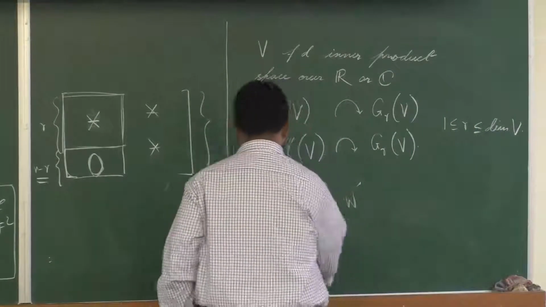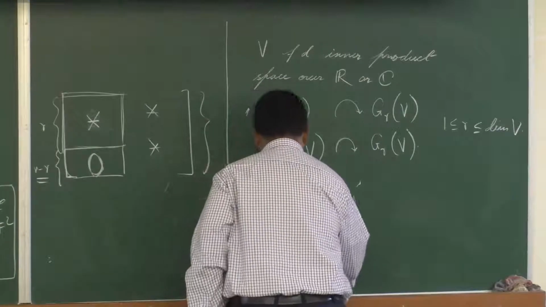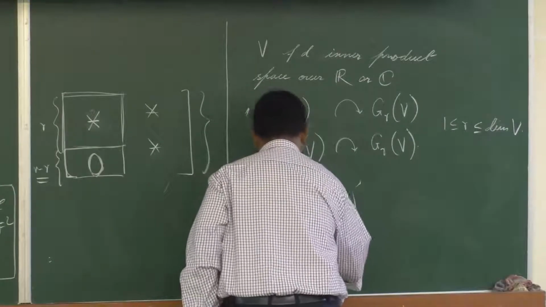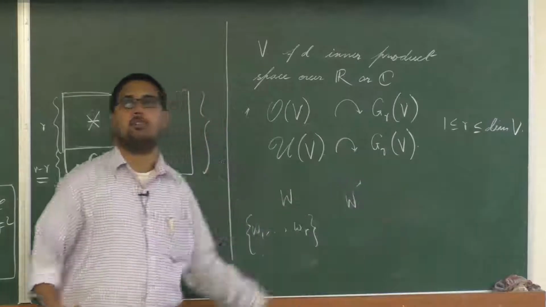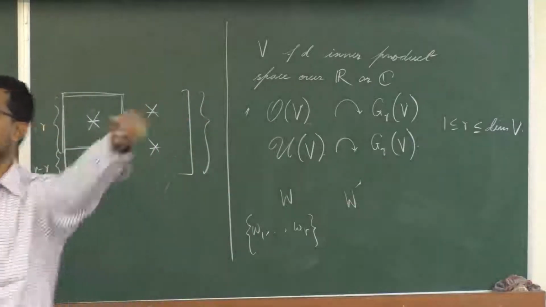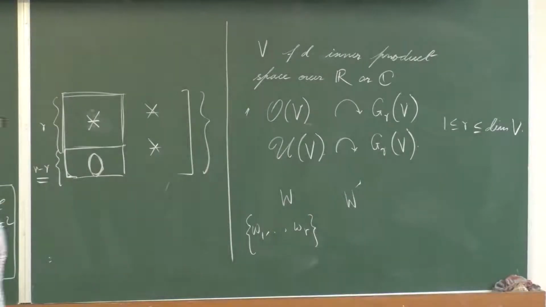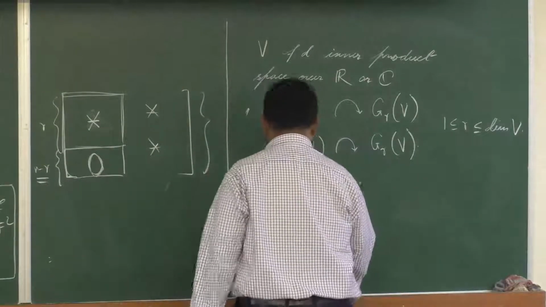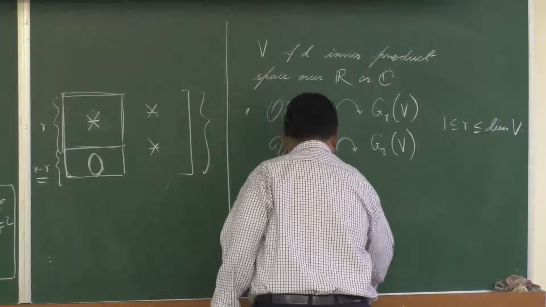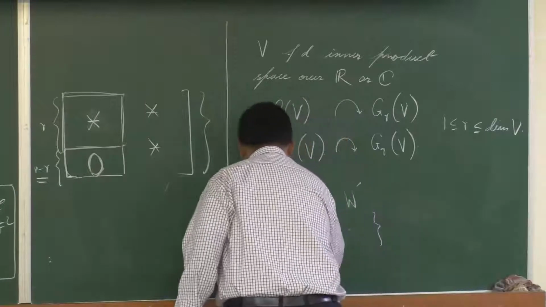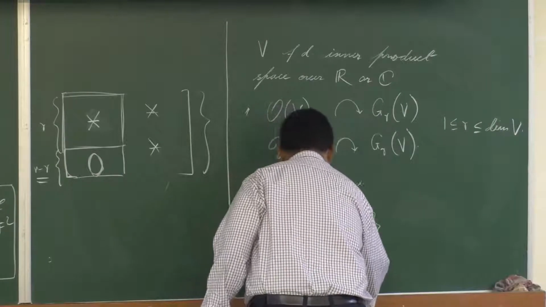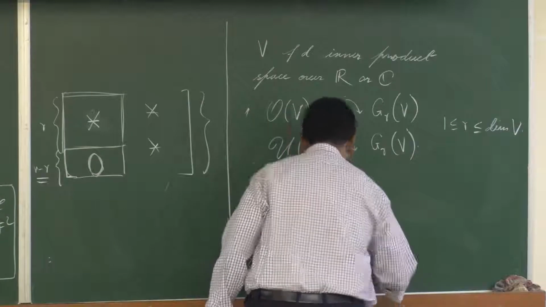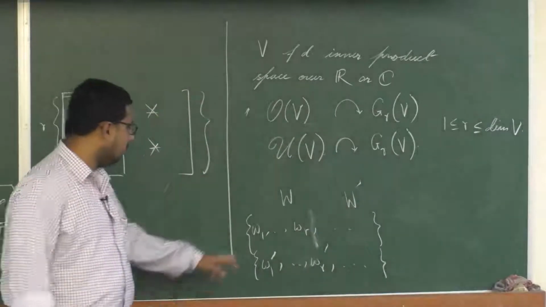So if w1 up to wr is an orthonormal basis of W, we extend that to an orthonormal basis of V. Similarly for the orthonormal basis of W prime.